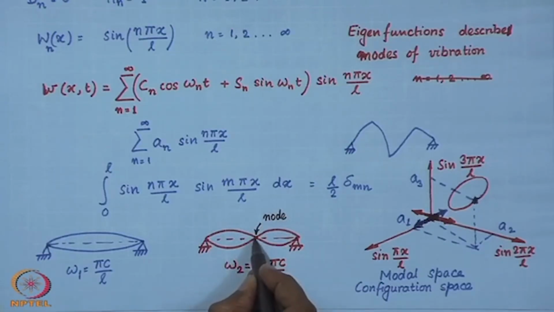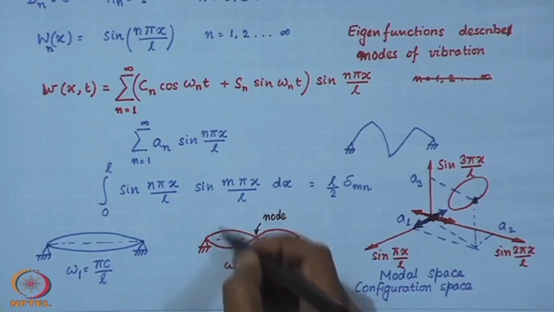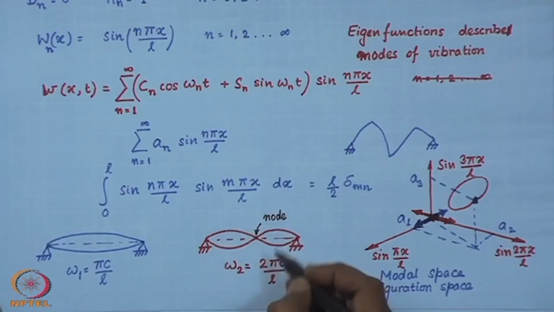This point is not moving out from the equilibrium position, whereas other points are vibrating.